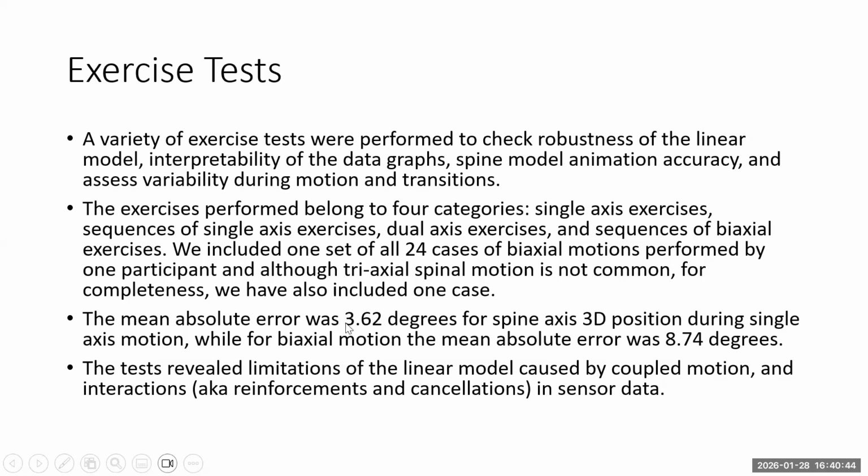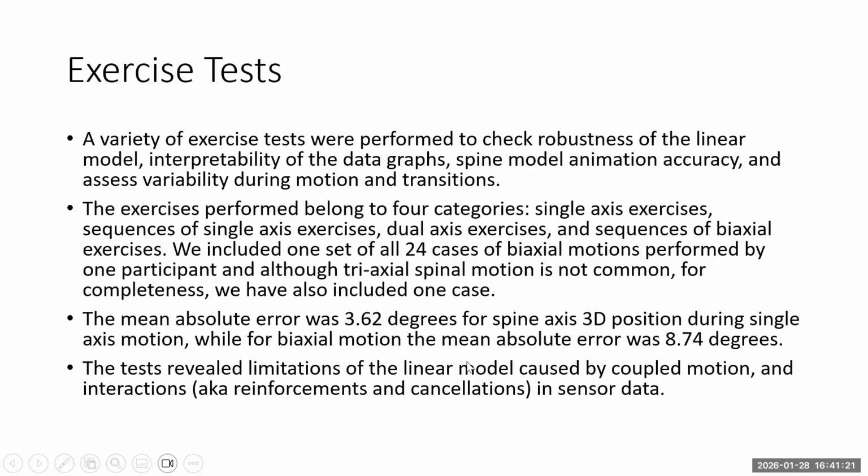Well, the absolute error for single axis was 3.62 degrees, and for biaxial motion was 8.74 degrees. There's room for improvement for sure, but it's not too far from what human estimates do in studies done for eyeballing estimates of angles. The error is pretty similar.